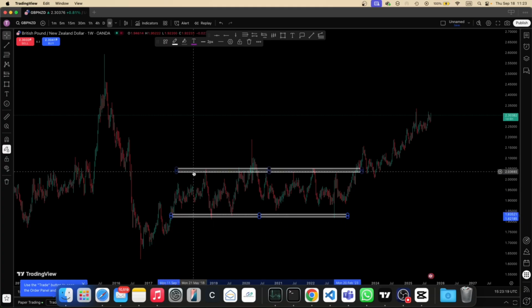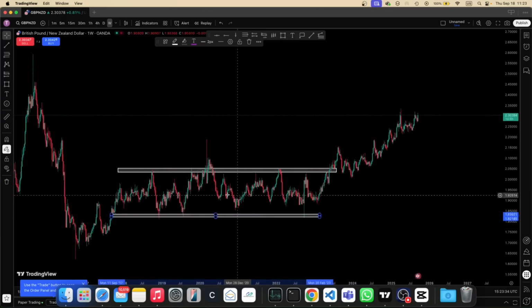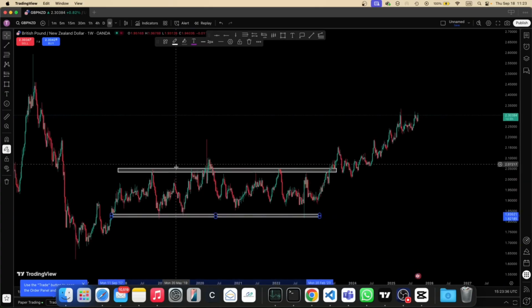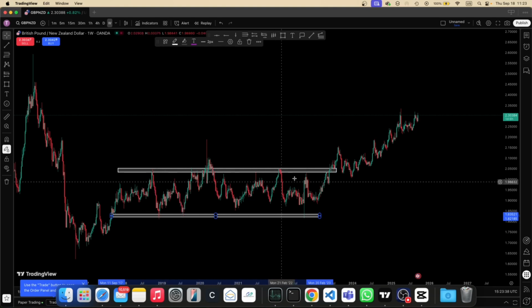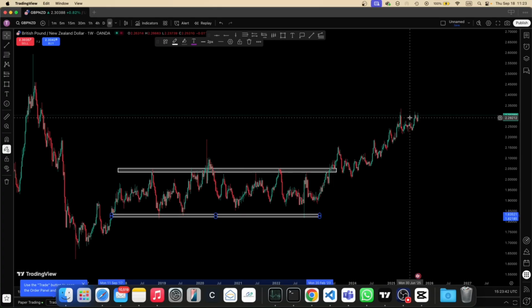Same thing, the struggle between buyers and sellers, not knowing where to push the price. It's been just going up here, down, drop. This is a very good place to be entering the market, to be just playing around in this bounce area. And then after this it broke and then it started trending higher.